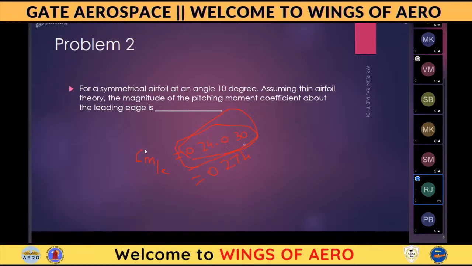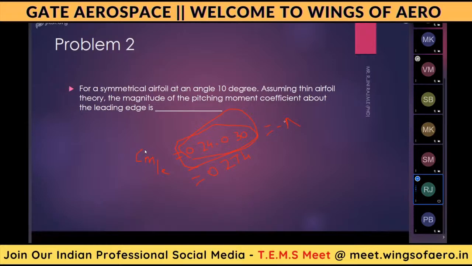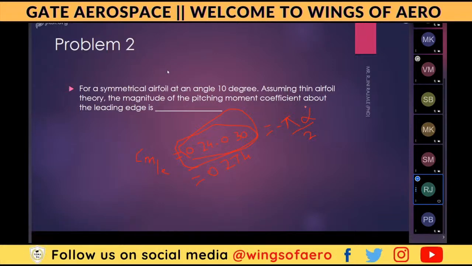So the formula for CM leading edge, for those who don't know, I will write: minus alpha pi divided by 2. We have solved this kind of problem before also.